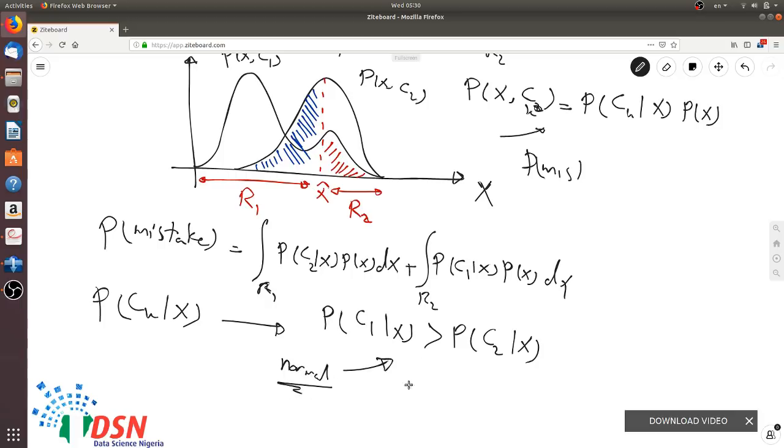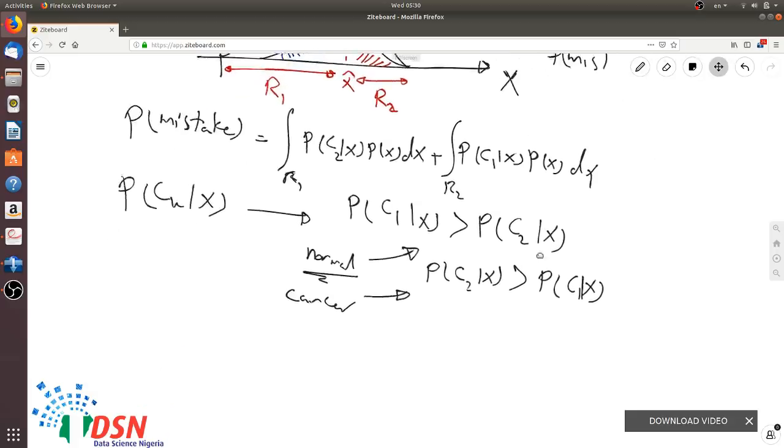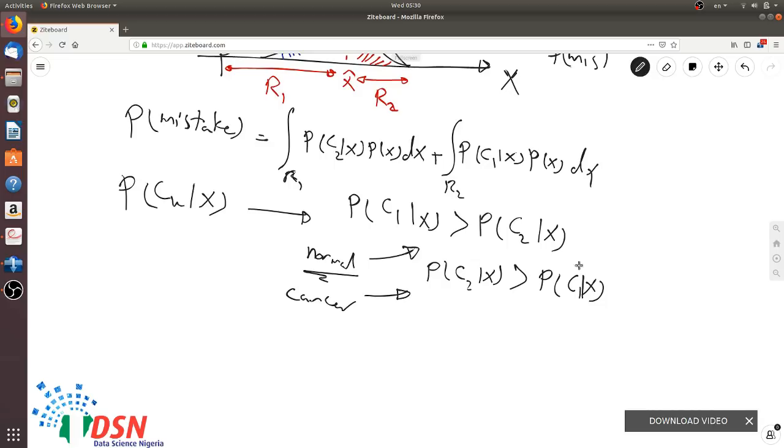And if P of C2 given X is greater than P of C1 given X, somebody has cancer. This is the decision rule for us. So we just need to calculate the conditional probability here.